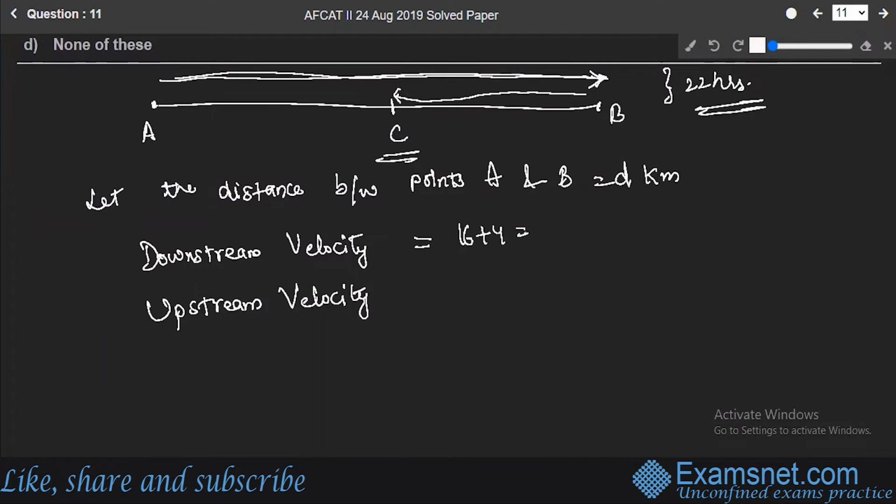The relative downstream velocity is 20 kilometer per hour. And when it is moving from B to C, it's moving in the opposite direction of water, so this will be 16 minus 4. The two velocities will be subtracted and it will be 12 kilometer per hour. Now, according to the question, the total time taken is 22 hours.